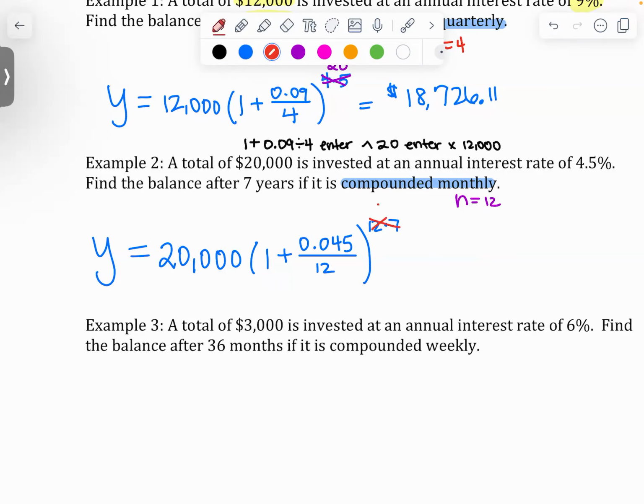See if you can get the right answer without me having to walk you through it.